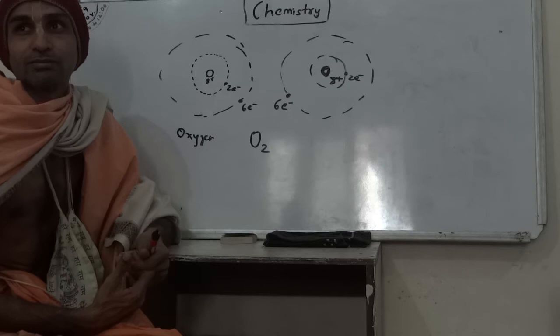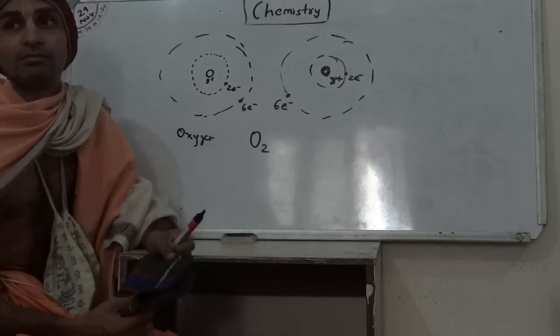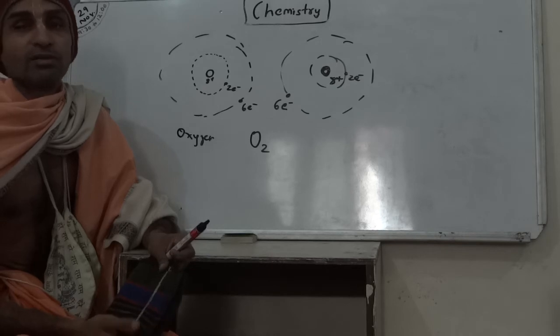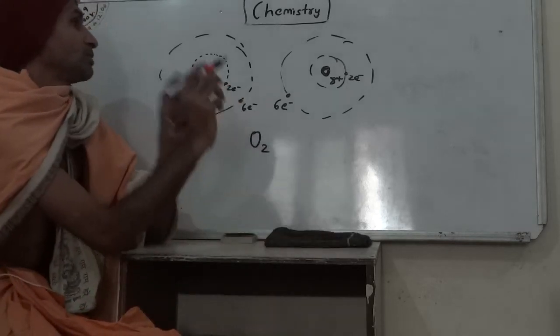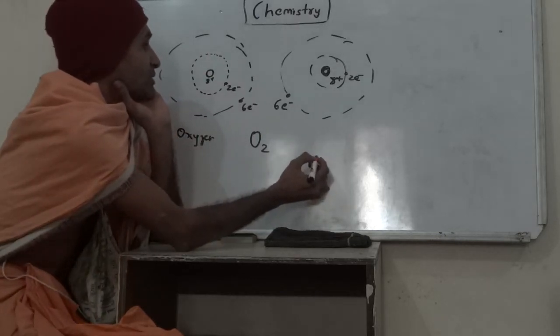How do they share? Means they are short by 2 electrons in the outside orbit. So how will they share this? They will share each electron. Say for example hydrogen is also doing that, oxygen is also doing that.